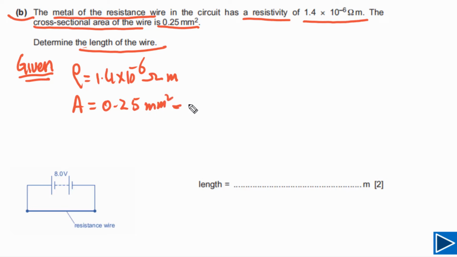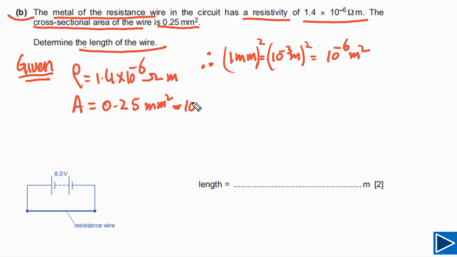But millimeter square is not an SI unit. So we need to convert this one into SI units. In order to convert this, we need to understand that 1 millimeter is equal to 10 to negative 3 meters. But for this question, we have millimeter square. So we have to square on both sides. So in this case, 1 millimeter square will be equal to 10 to negative 6 meter square.